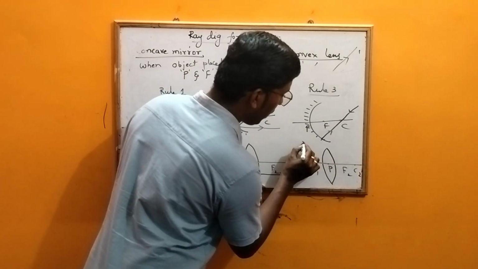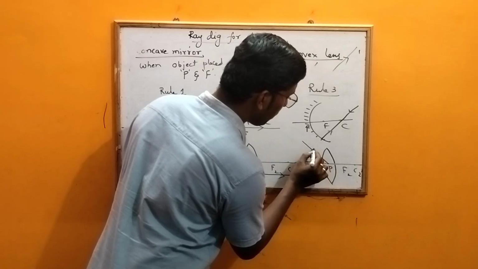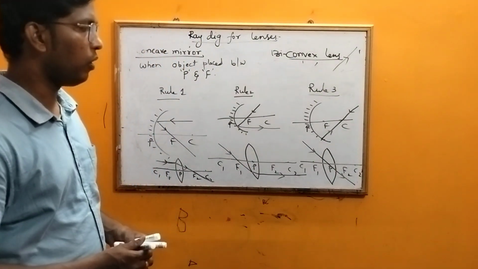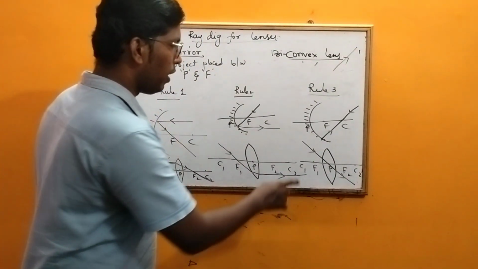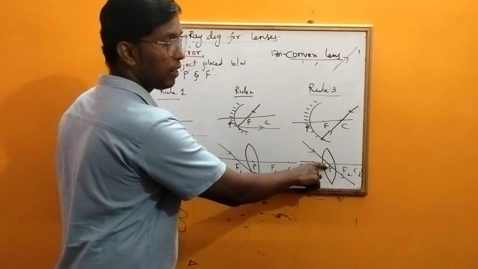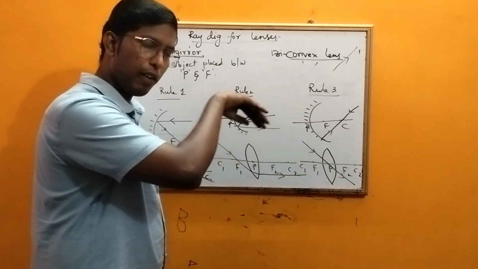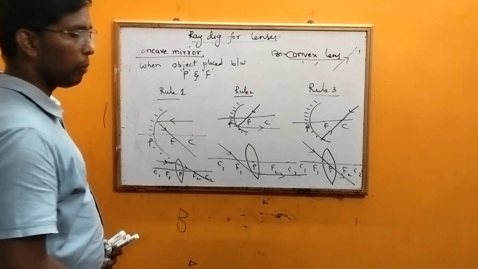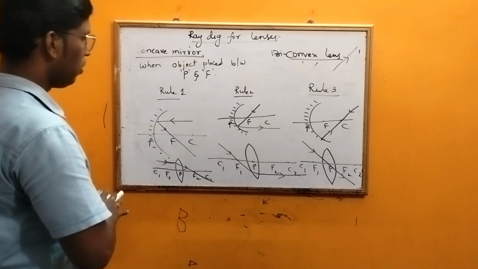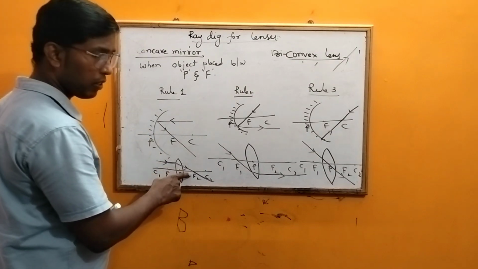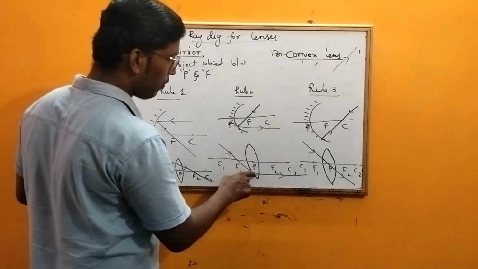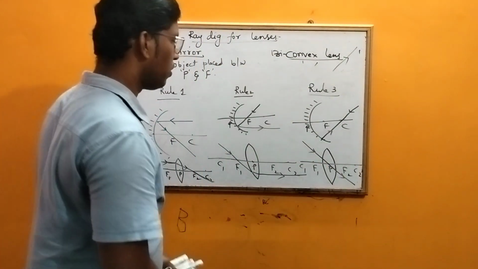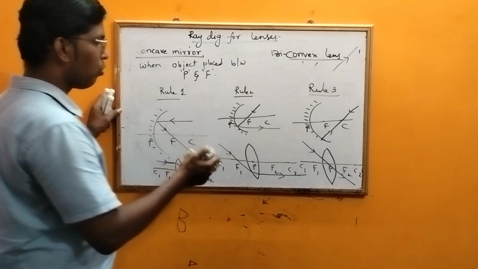If a light ray passes through optic center, it will not deviate, it travels straight. That is the one point you should remember. After refraction also it travels straight. So these are the 3 rules you should remember before drawing the ray diagrams: parallel, after refraction through focus point; through focus point, after refraction parallel; optic center, travels straight.